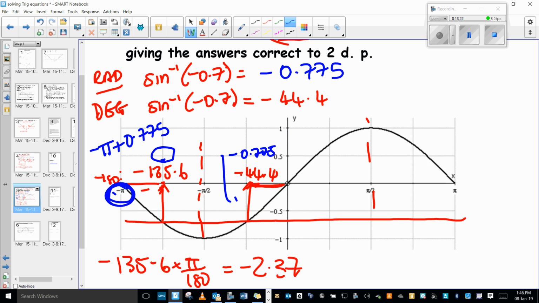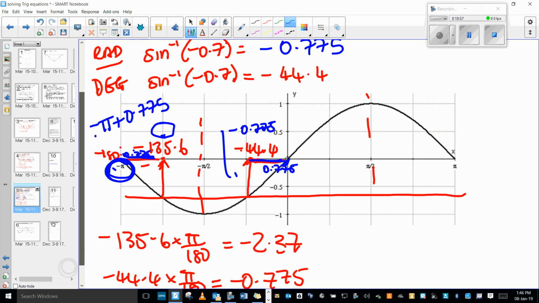Remember, this measurement takes us to the value negative 0.775, but that quantity itself is just 0.775. So to find this missing value, you'll do negative pi plus 0.775. And did we all get negative 2.37?